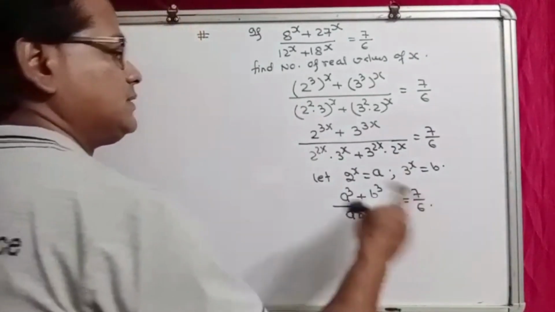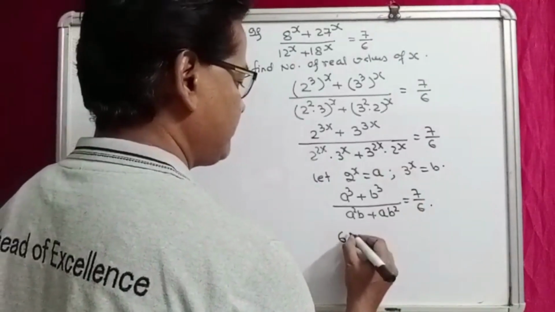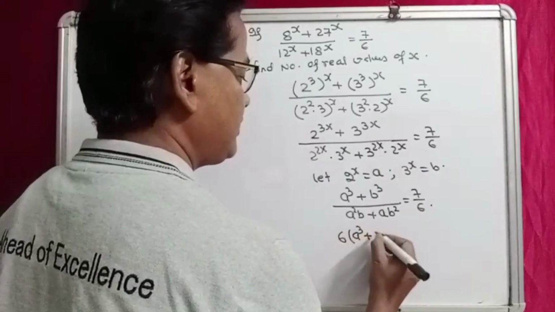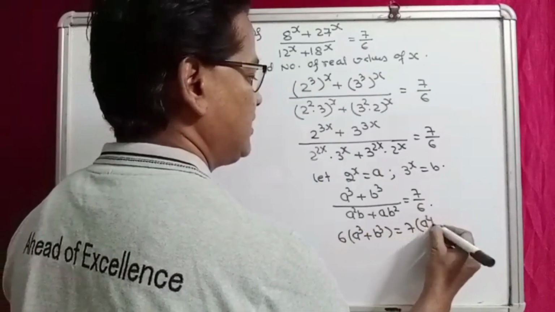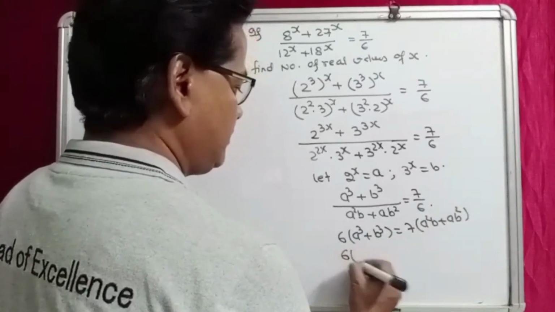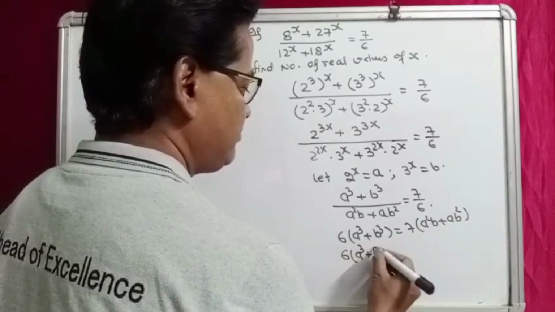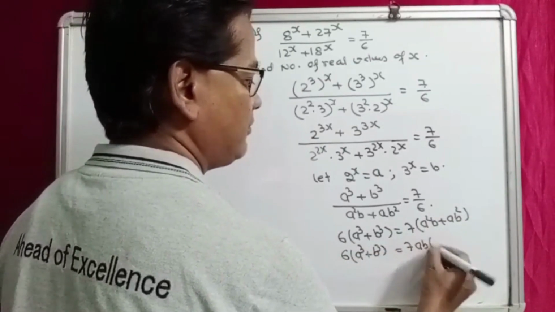Fine. Then cross multiplication, we get 6(a cube + b cube) equal to 7(a square b + a b square). Taking ab common, this is 7ab(a + b).